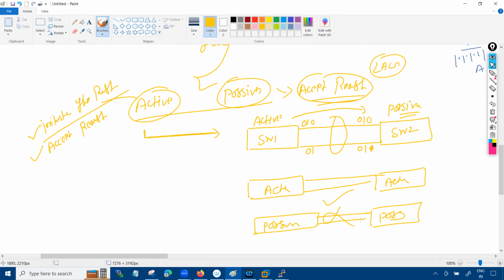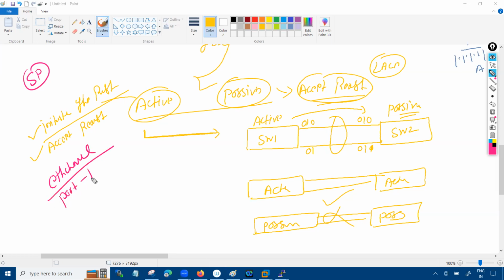Now let me tell you, production wise, what I have seen. People are using active on both sides. I have seen that in service provider networks, because you can do the EtherChannel, or we can call it port bundling as well.